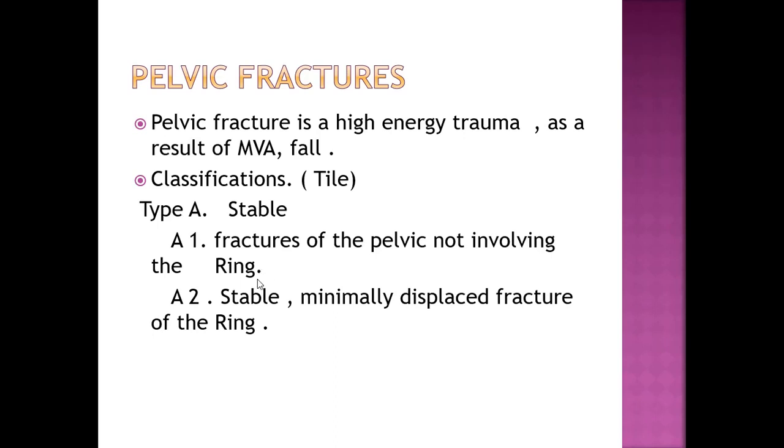So, according to the type, A is stable fracture, and the fracture of the pelvis not involving the ring, and the type A2 is a stable, minimally displaced fracture of the ring.